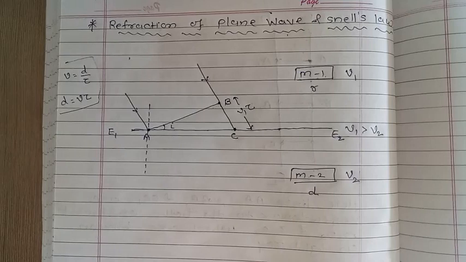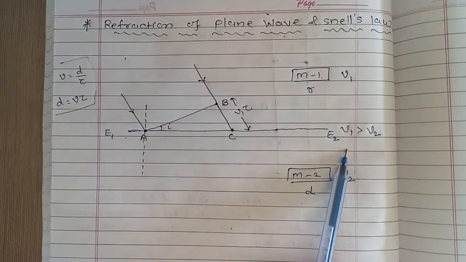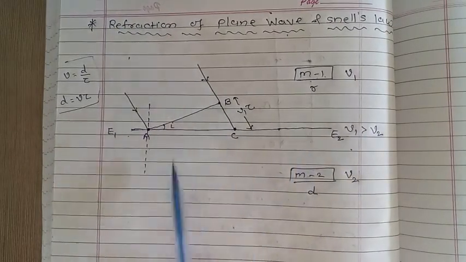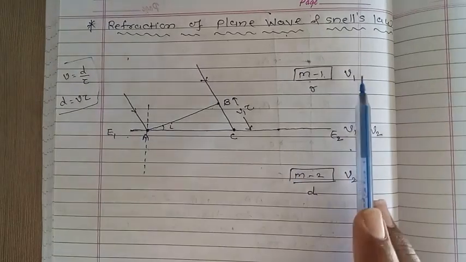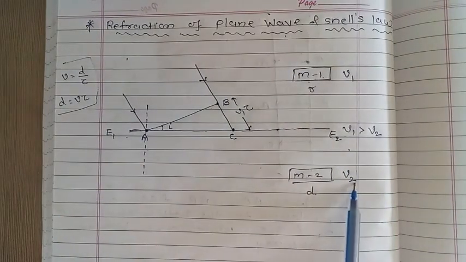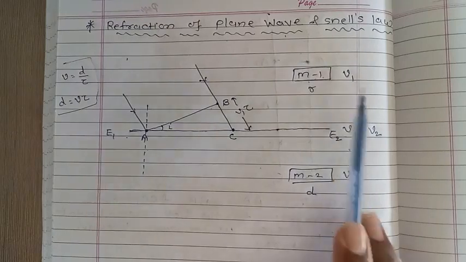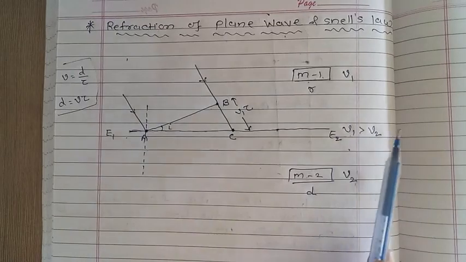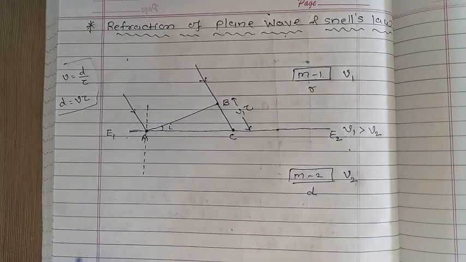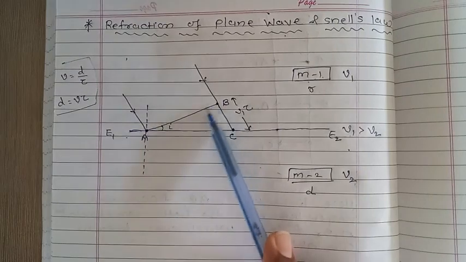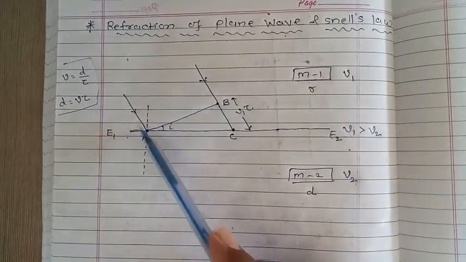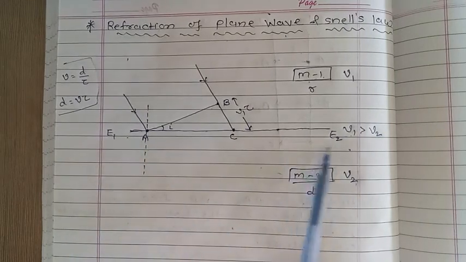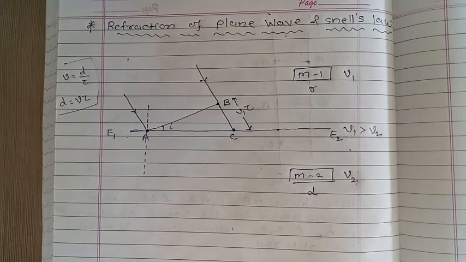So I repeat once again. Here E1 E2 represents the surface separating medium 1 and medium 2 as shown in the figure. Here v1 and v2 represent the speed of light in medium 1 and medium 2 respectively, with v1 greater than v2. Now a plane wavefront AB propagates in this direction and is incident on the interface of two media at angle i, right?